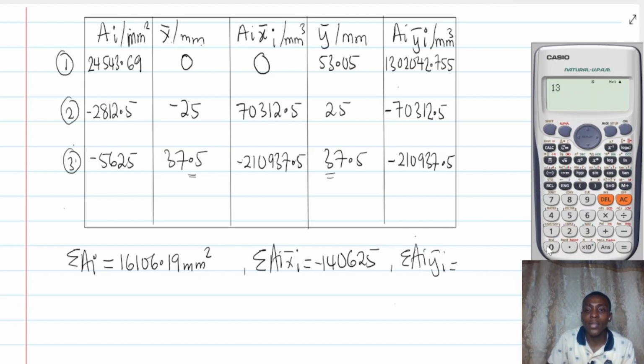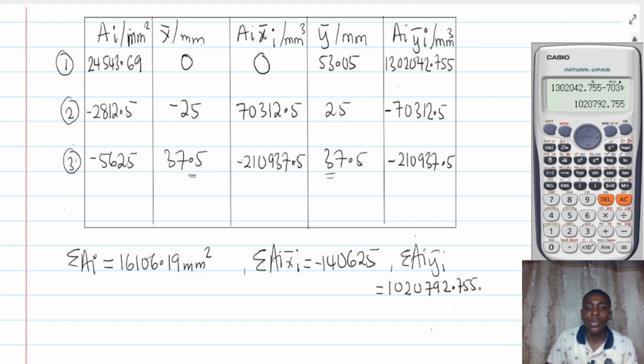So 1302042.755 minus 70312.5 minus 210937.5, and that will give us 1020792.755.